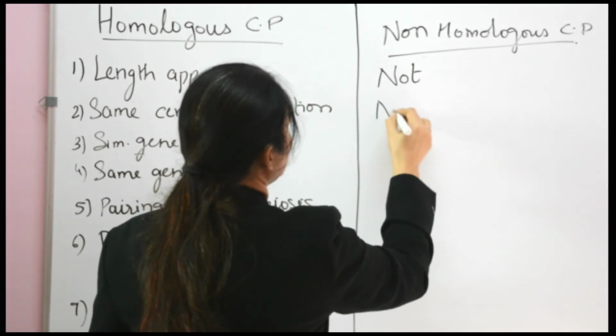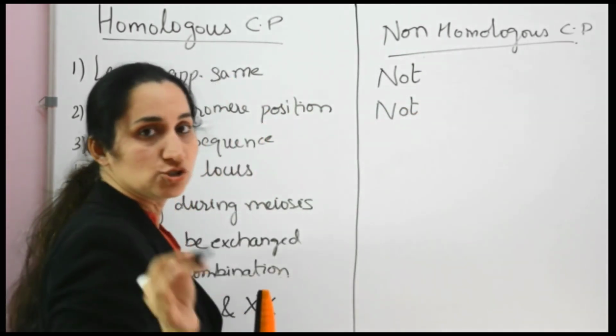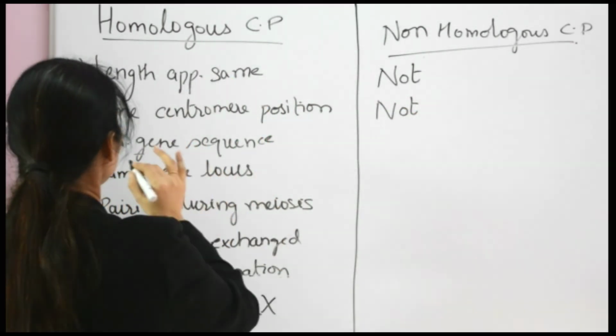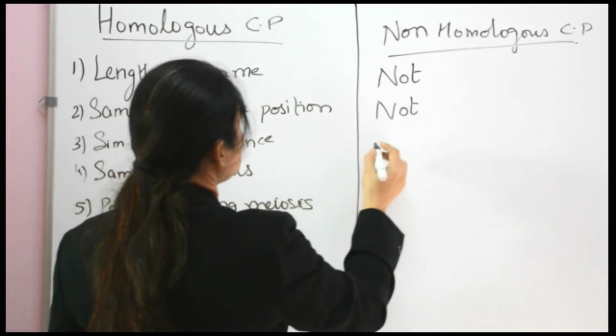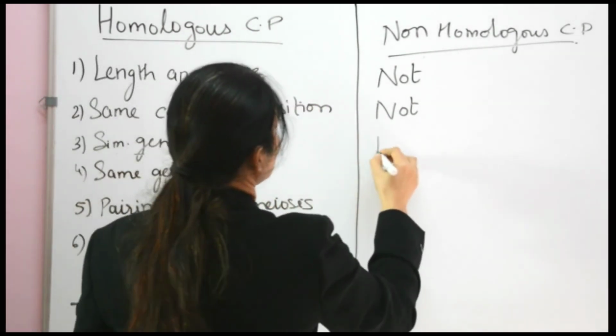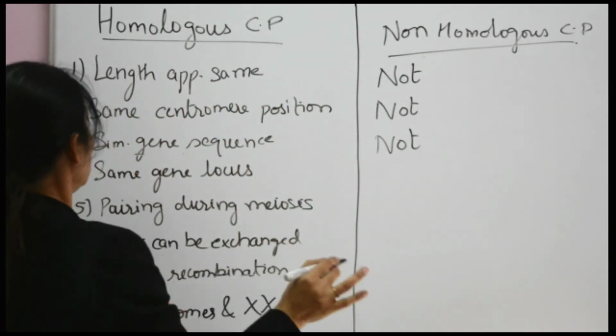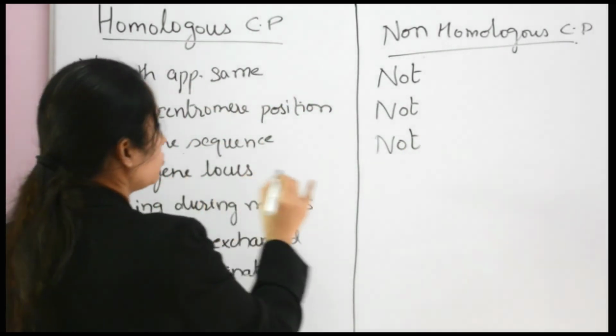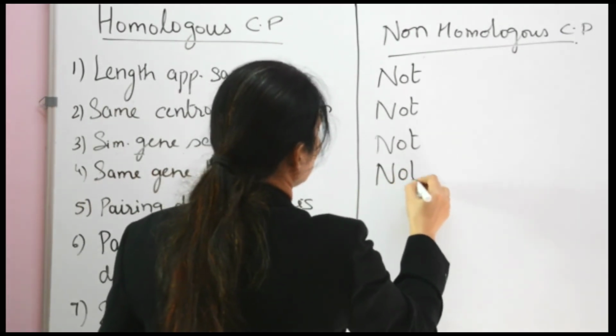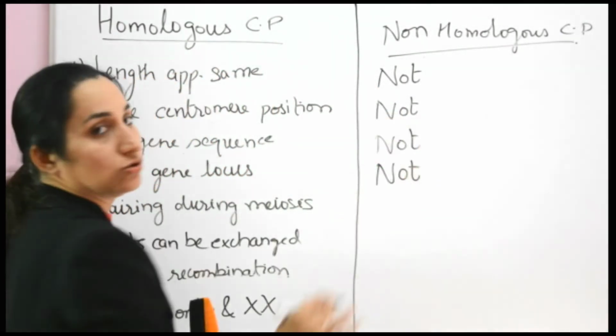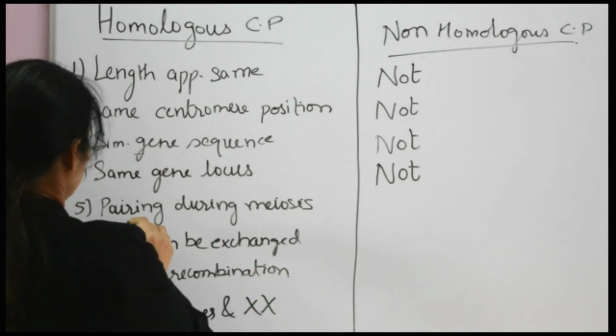Centromere position of homologous chromosomes is similar, but not similar in non-homologous chromosomes. The gene sequence of homologous chromosomes is the same, but not the same in non-homologous chromosomes. Similarly, the locus of a gene in non-homologous chromosomes is not similar.